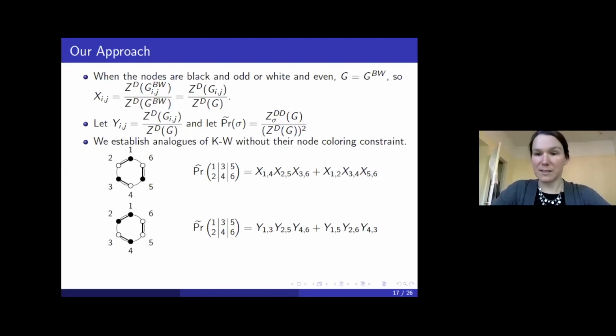Just to give some examples, Kenyon and Wilson showed that their quantities PR hat were integer coefficient homogeneous polynomials in Xij, and our quantities PR tilde are integer coefficient homogeneous polynomials in these quantities Yij.